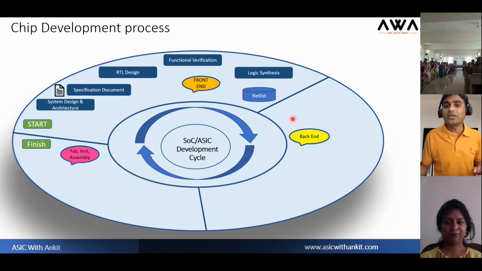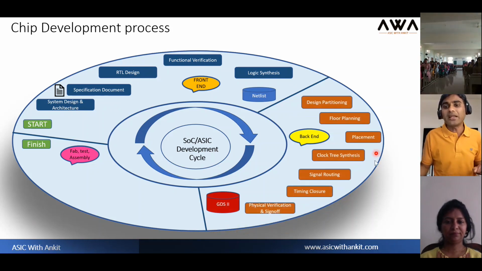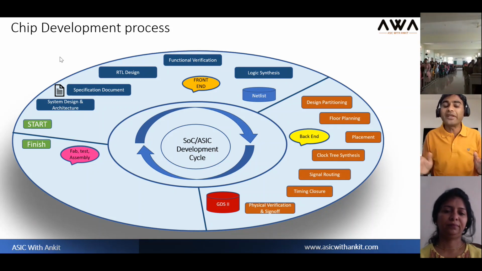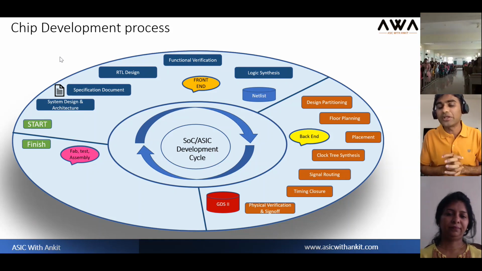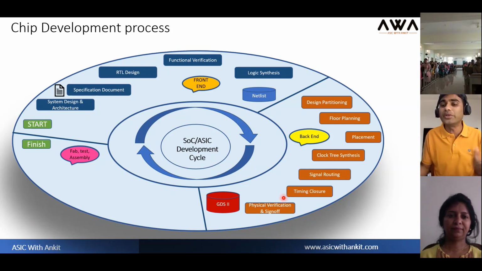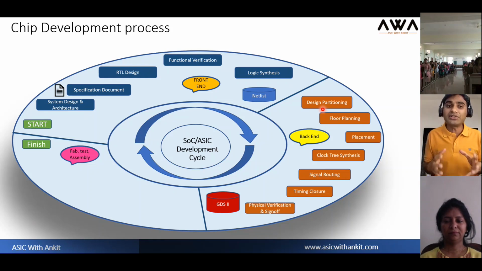Okay, moving to the back end side. Back end is another very important phase in the chip development cycle. At a high level, I'm not going to go over each and every phase, but what we are doing here is partitioning the design with respect to the architecture.